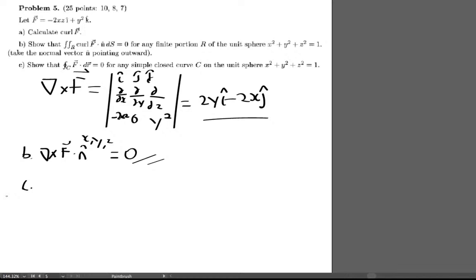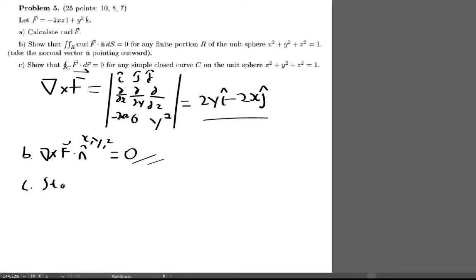This is a very easy thing. Why? Because any finite portion R of the unit sphere is, well, not definitely, but there is a finite portion R that you could trace using only one line, and that one line would basically tell the entire thing. And this thing here can be proven by Stokes' theorem.